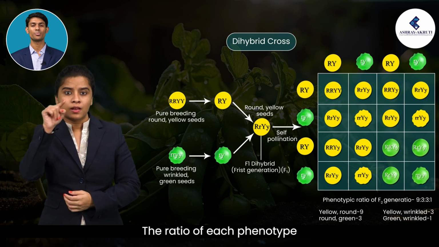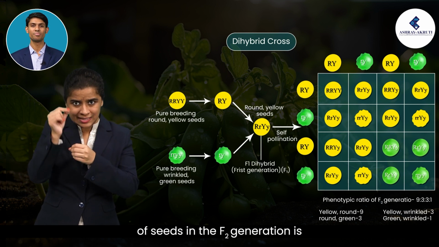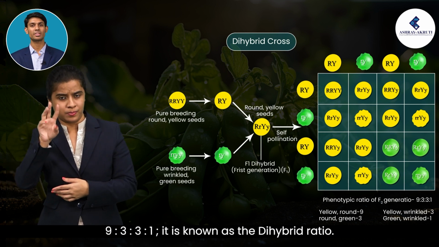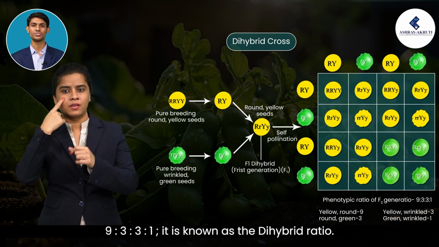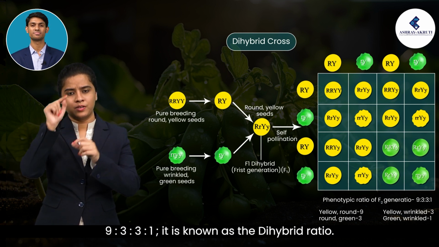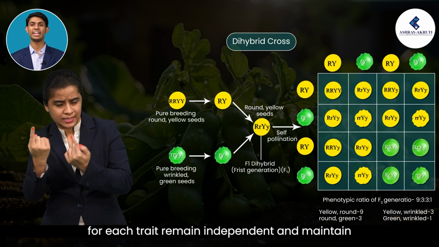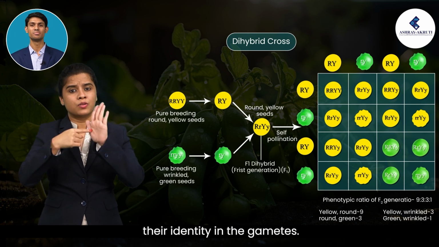The ratio of each phenotype of seeds in the F2 generation is 9:3:3:1. It is known as the dihybrid ratio. The factors for each trait remain independent and maintain their identity in the gametes.